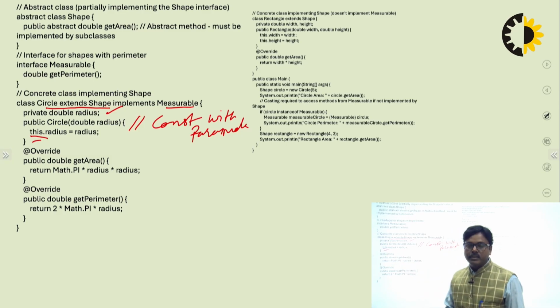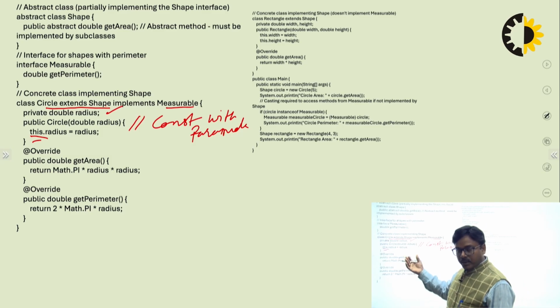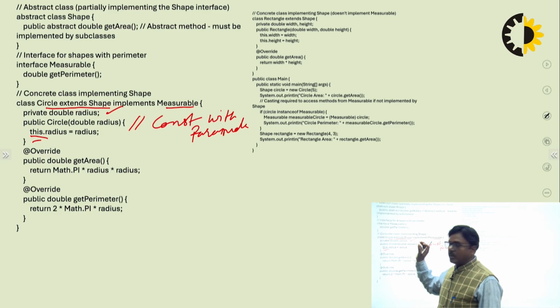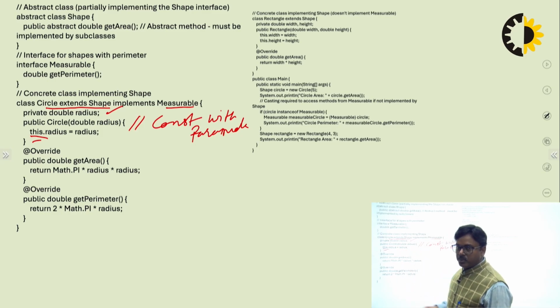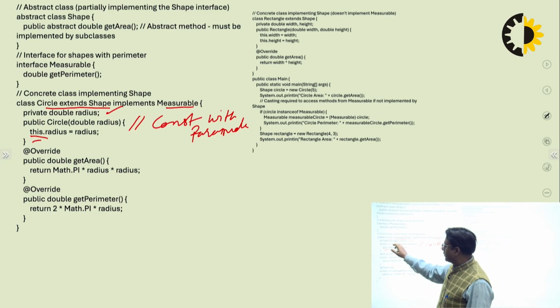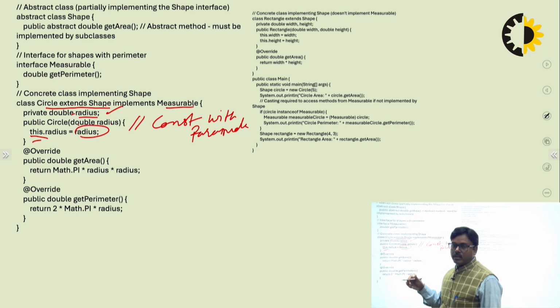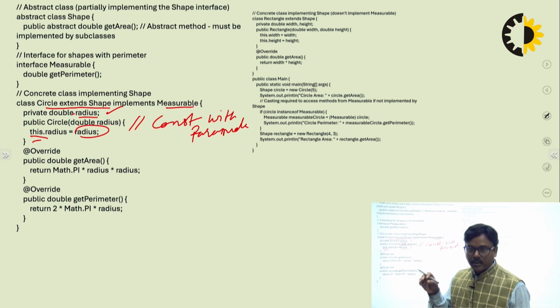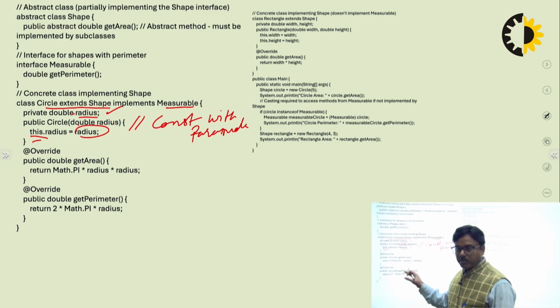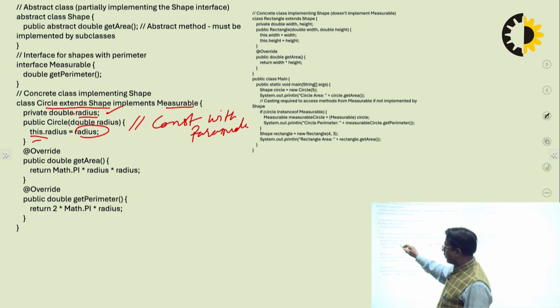Actually it is a referencing keyword which helps to reference the current class in which that particular variable is already declared, and some value has to be assigned to it. So this radius has been declared here as a double, and what value is assigned? Whatever value the caller provides to this constructor will be assigned with the help of the referencing keyword.